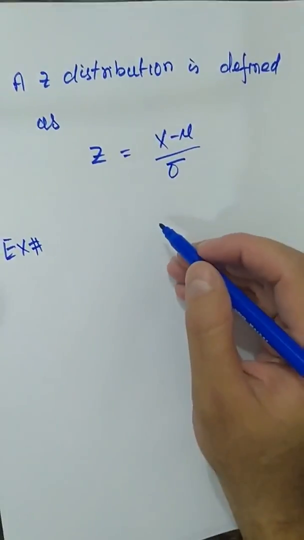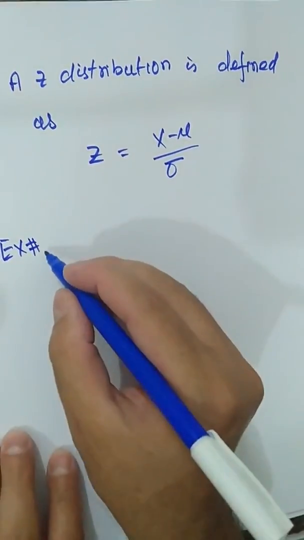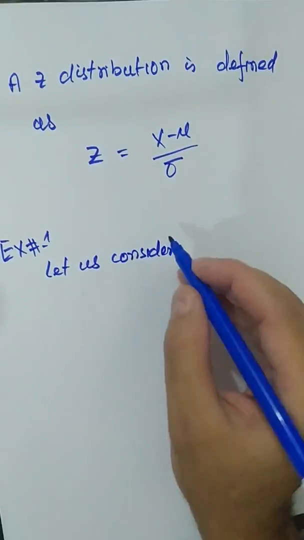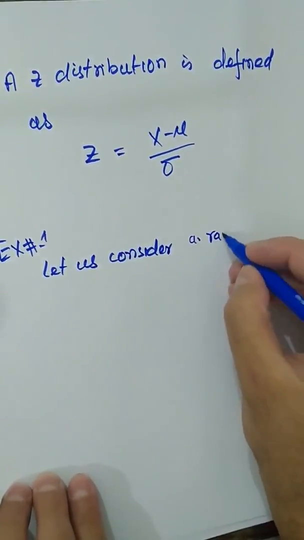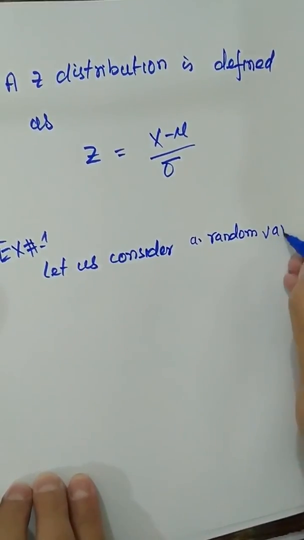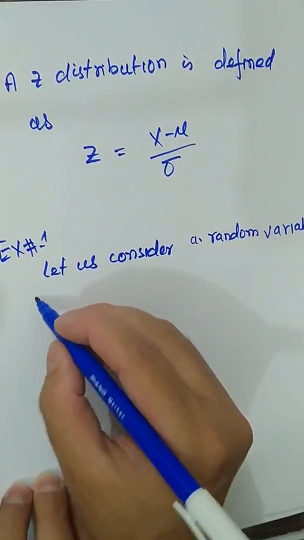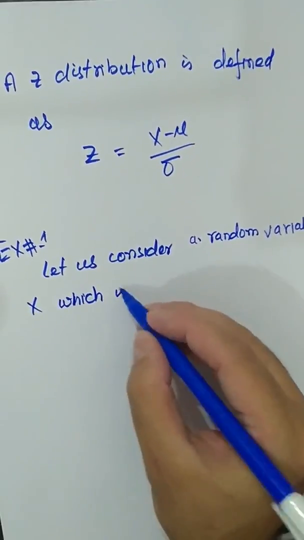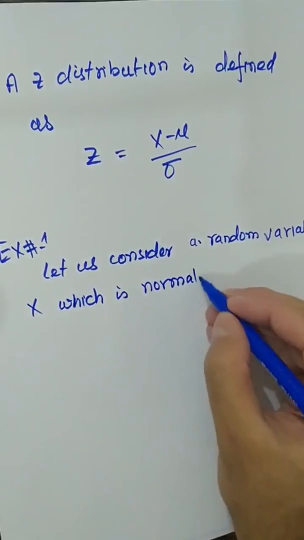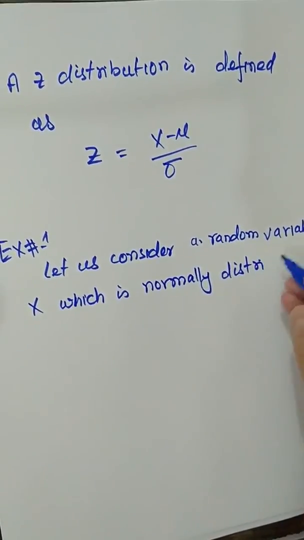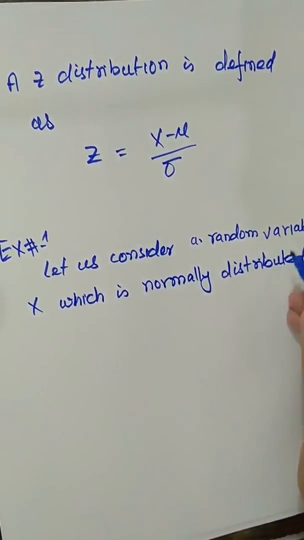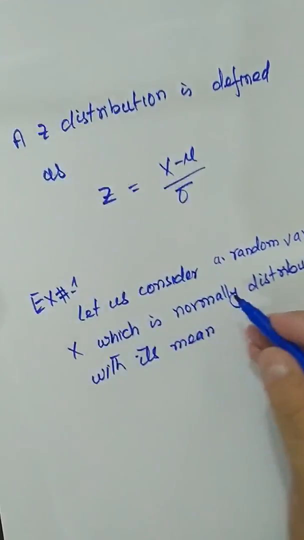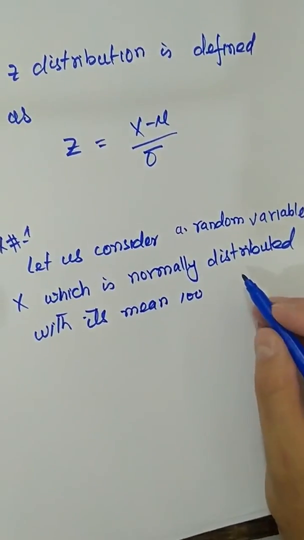Now let's solve some examples for the CDF of the standard normal distribution. Let us consider a random variable x, which is normally distributed with mean 100 and standard deviation of 10.